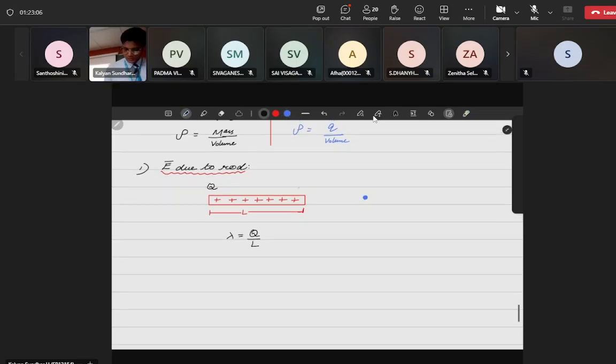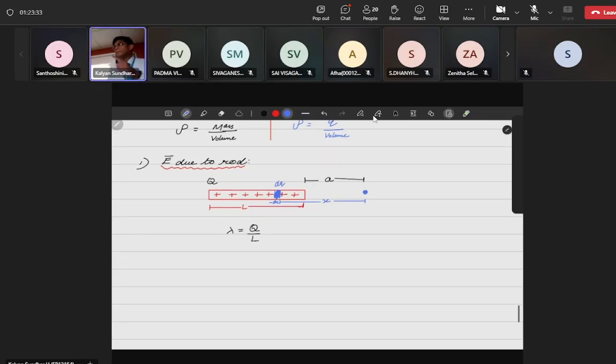So let this distance be a. Here let me take a small element, and I take it as dq. Its distance is x, and what about its thickness? dx.